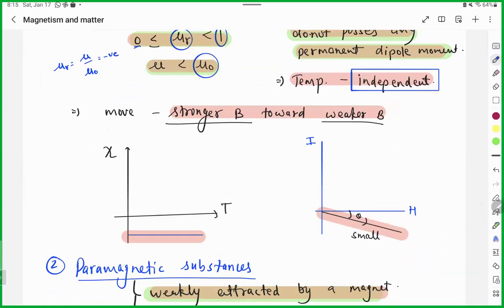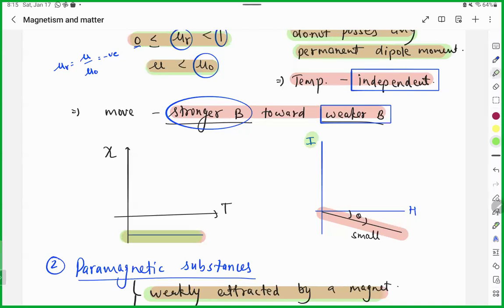And material always moves from the strong magnetic field to the weak magnetic field. Chi value is negative, as you can see.